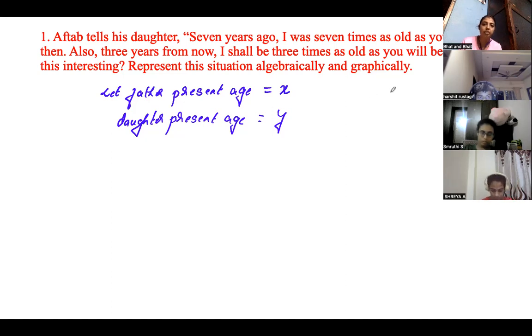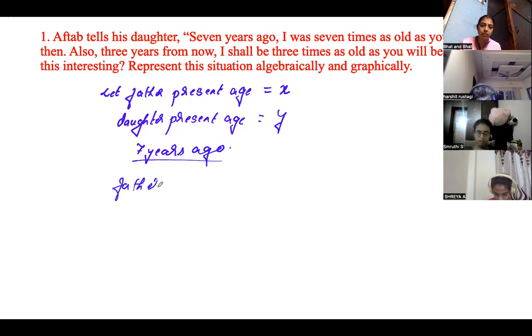7 years ago and 3 years after. So let us take 7 years ago. So 7 years ago, what will happen? Father's age will become X minus 7.